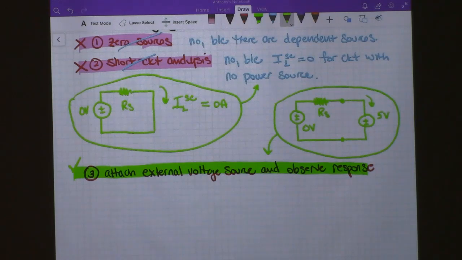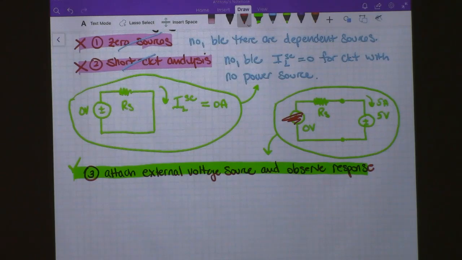You'll observe a current. You know the voltage at the terminals is 5 volts, so you'll be able to calculate what the current flowing through there is. Let's say it's 5 amps. And so what does that tell you that RS is? One ohm.